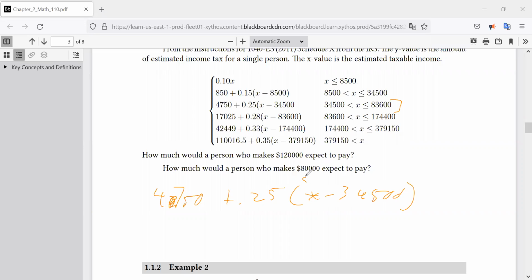But here x is 80,000. So this would give us 45,500 times 1/4 plus 4750. Anyone want to tell me what that is?